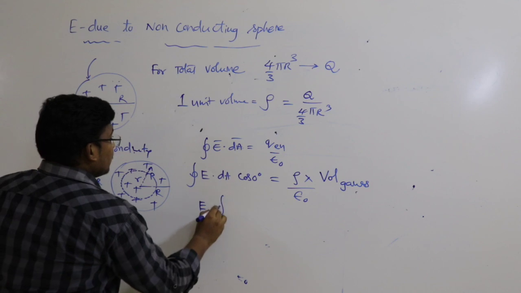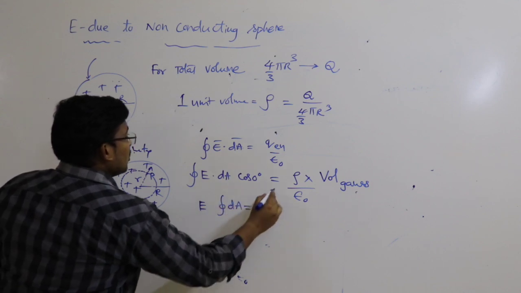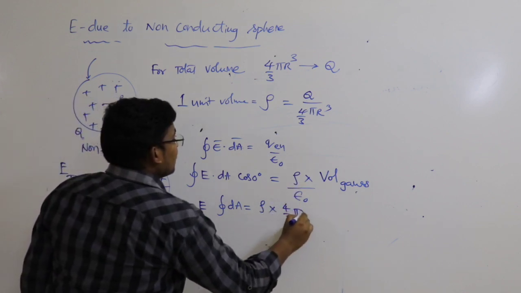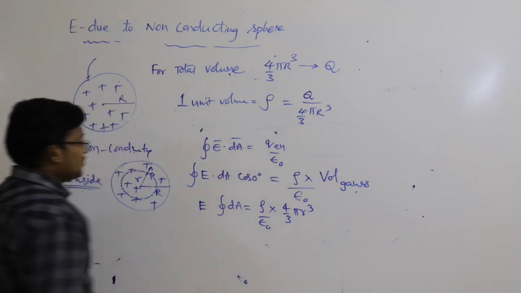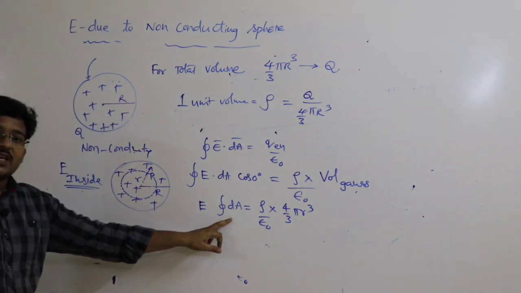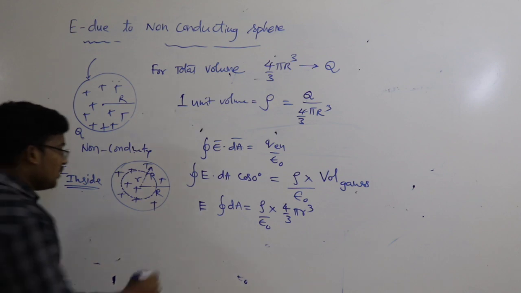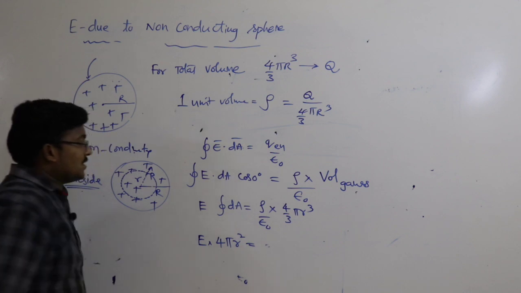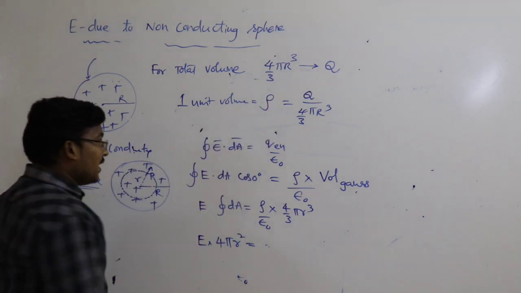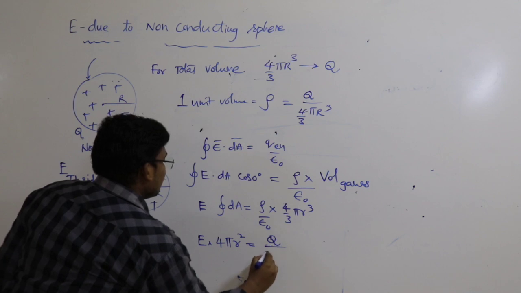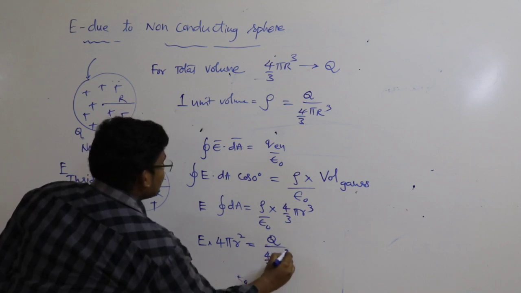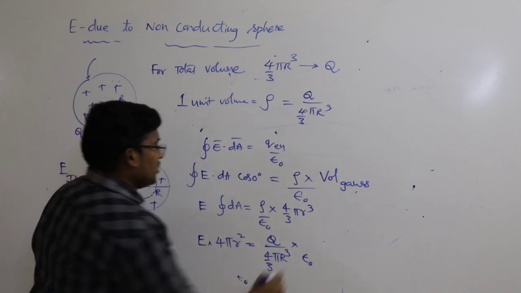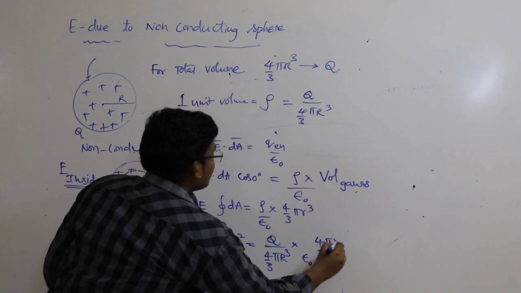So E into dA is equal to rho into 4 by 3 pi small r cube by epsilon naught. Integration of dA is A, the area of the Gaussian surface, 4 pi r square. So E into 4 pi small r square is equal to rho, which we already got as capital Q by 4 by 3 pi r cube, by epsilon naught, into 4 by 3 pi small r cube.